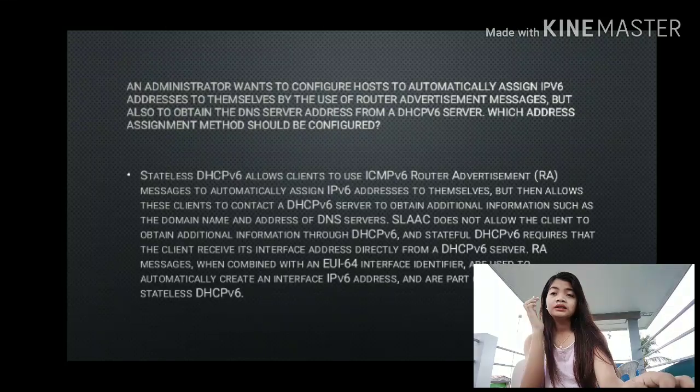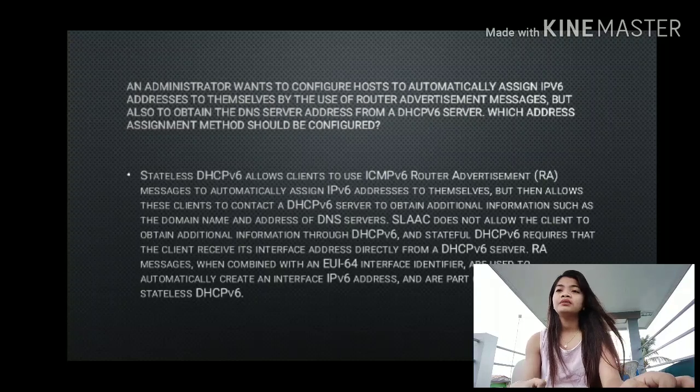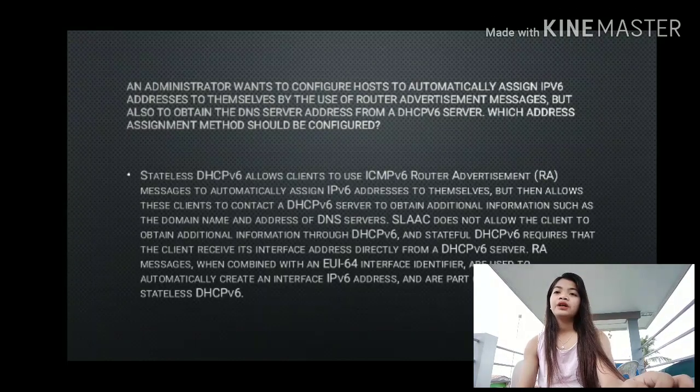Stateless DHCPv6 allows clients to use router advertisement messages to automatically assign IPv6 addresses to themselves, but then allows these clients to contact a DHCPv6 server to obtain additional information such as the domain name and address of DNS servers. Stateful DHCPv6 does not allow the client to obtain additional information through RA messages when combined.